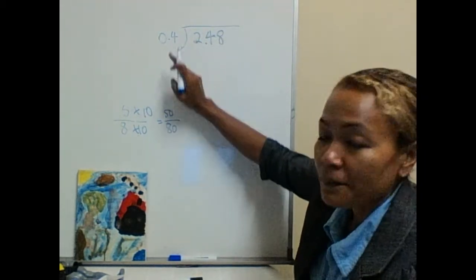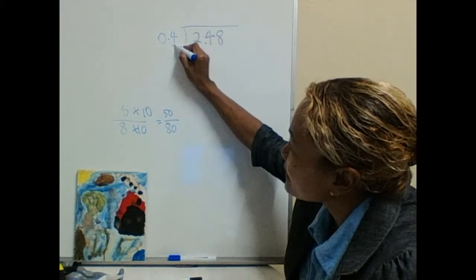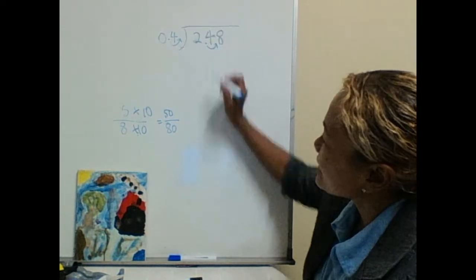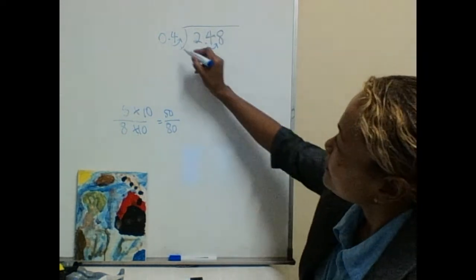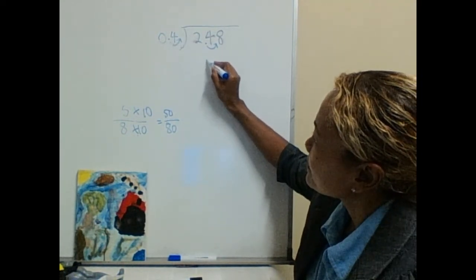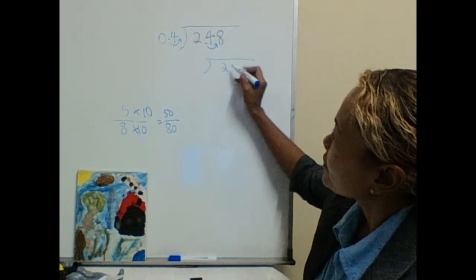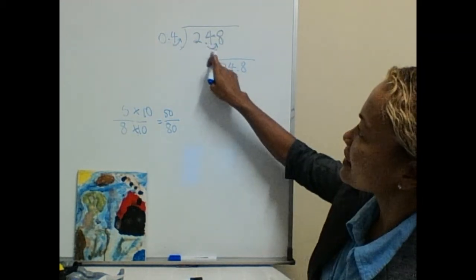And we can do that by multiplying both of these numbers by 10, so that we can move the decimal place this side, and here the decimal place this side. Right? So that it then becomes 24.8, right? We've moved it.